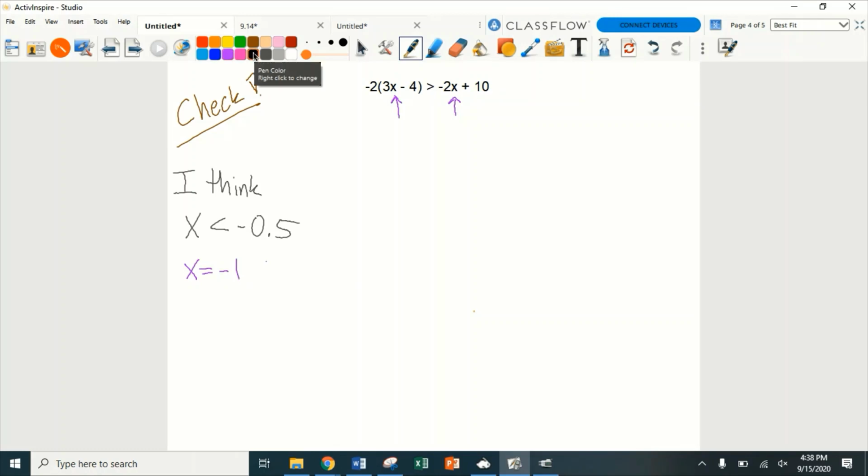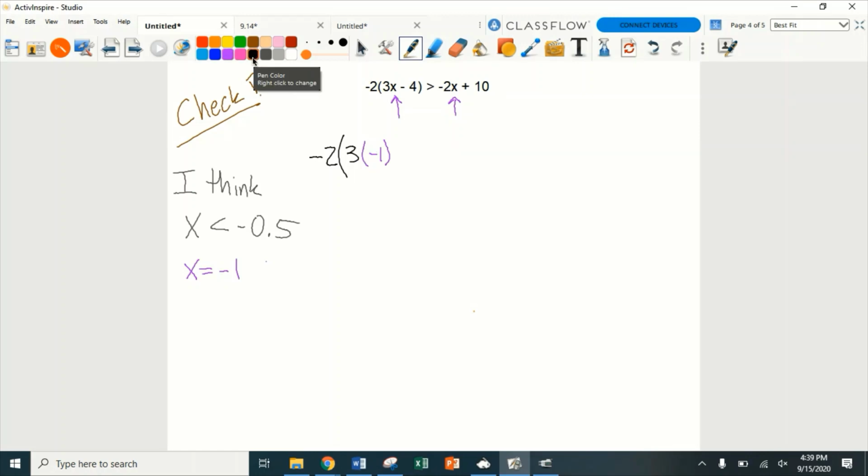So that looks like this. Negative 2, then I've got some parentheses, 3x. Well, instead of x, I have negative 1. I like to put my x value inside its own set of parentheses. And this helps me recognize that that is what I'm plugging in. That's the answer I'm checking.